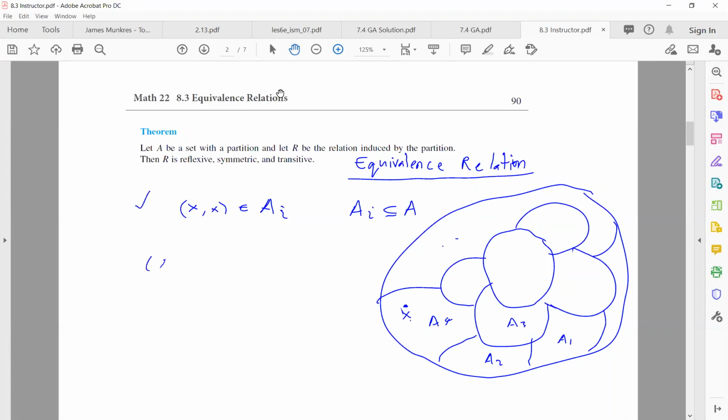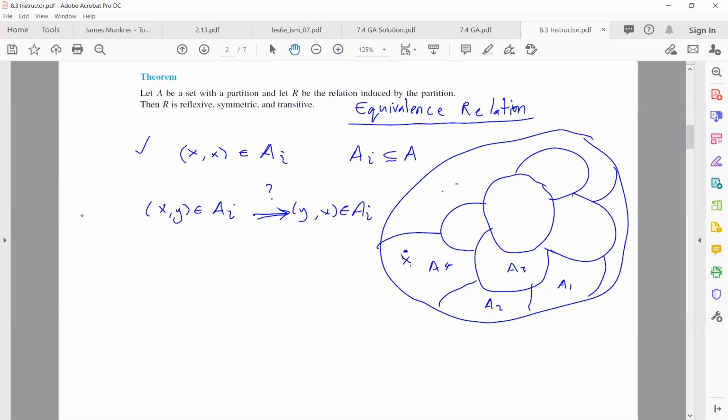Now suppose X and Y are in one of these subsets. You want to show that Y and X is also in that subset. Suppose not. Suppose X and Y, for simplicity, are in A sub 3, but Y and X belongs to A sub 4. What's the meaning of that?